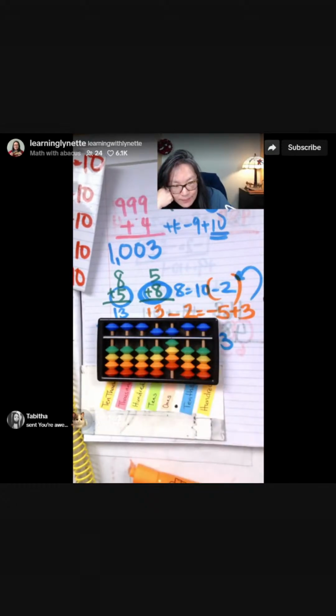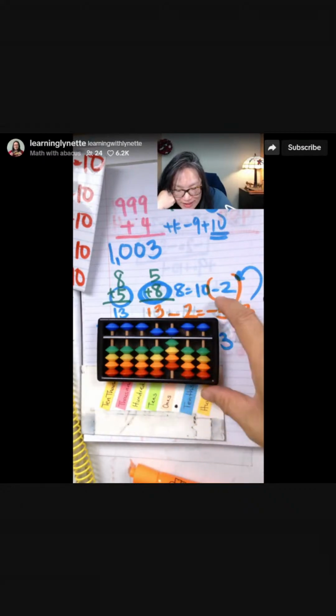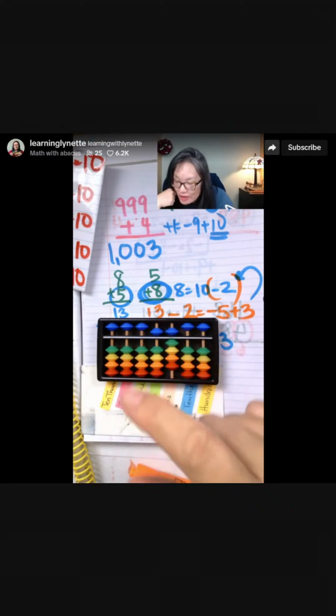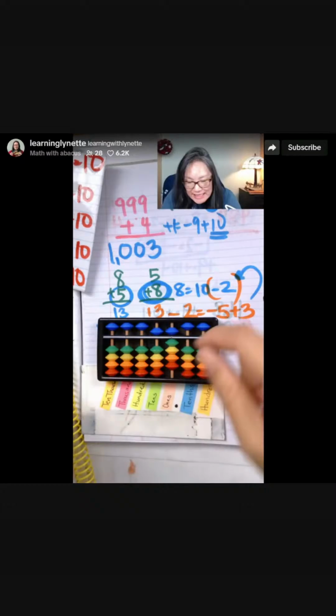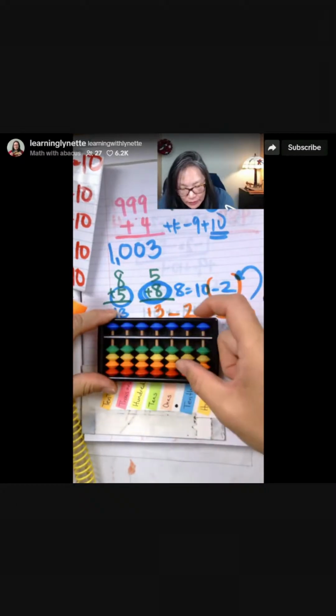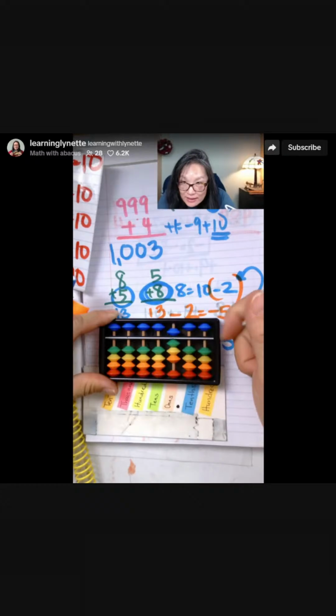Yep. So the top bead, yes, it's always 5. The top bead will always be 5. Yes, exactly. And so it's easy to see when we're reading it, right? We know that this is 3, and then we add the 5. This is now 8. If I have 1 and I want to add the 5, now we have 6. So we know that this is 6.